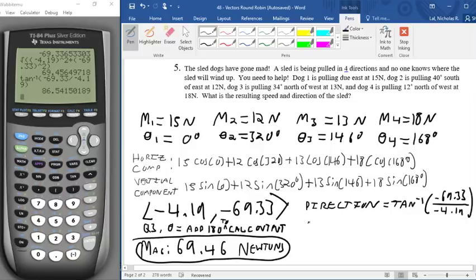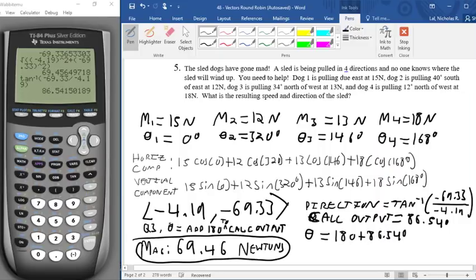So our calculator output is equal to 86.54 degrees. So to find theta, theta is equal to 180 plus 86.54 degrees, because this is quadrant 3.